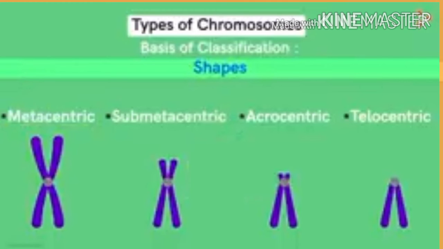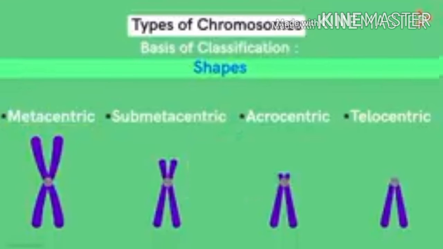Telocentric means the centromere is found at the end. They look like rod-shaped chromosomes. Acrocentric means the centromere is found near the end with a short arm and a long arm. They are also rod-shaped chromosomes. The next one is submetacentric.